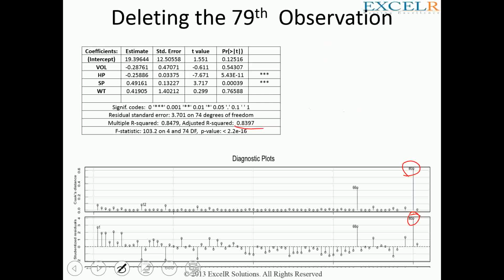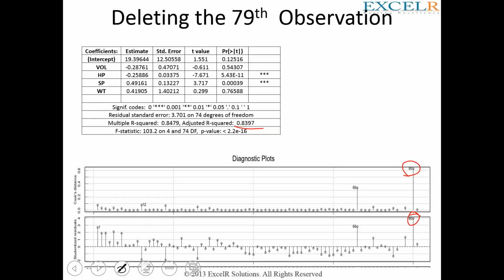But that doesn't mean you keep on deleting the data points. If you delete one data point, another might appear as influential. So you actually do not delete without any prior understanding of the data. You analyze thoroughly to your heart's content before deleting any value. Your business knowledge is required.